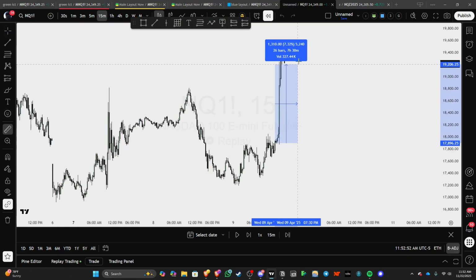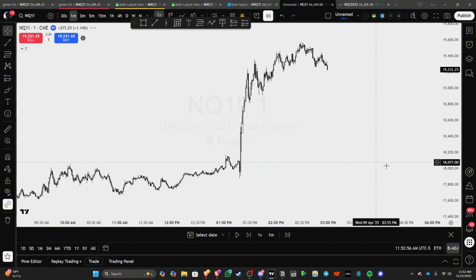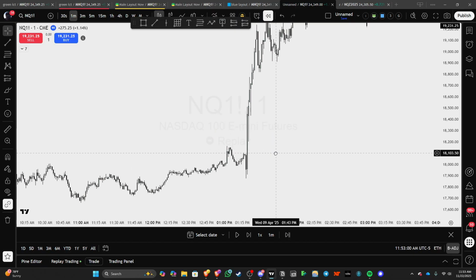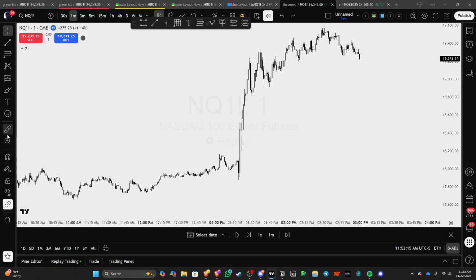And let's say you were in a trade right here. Let's do the 1 minute. Let's say down here you were in shorts. I'm not trying to say that there was a trade there, but this could be anyone. You could be in what you think is a good trade, and then some black swan event like a news scandal like this.